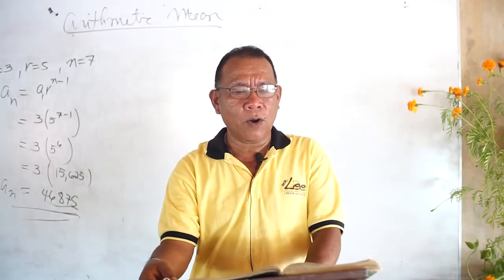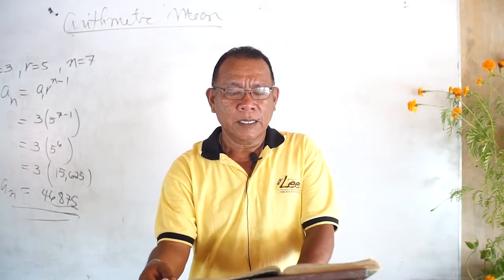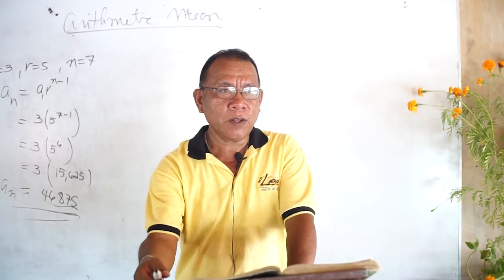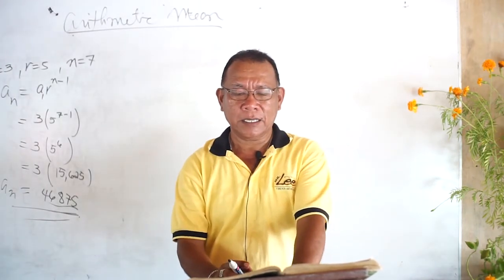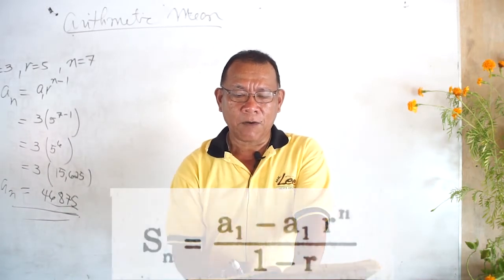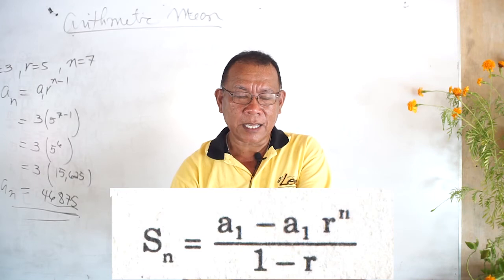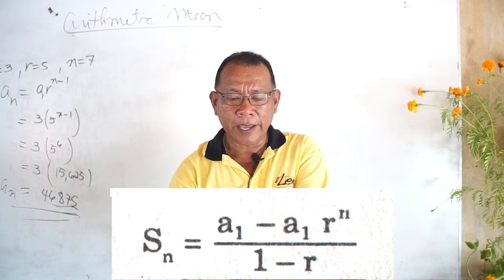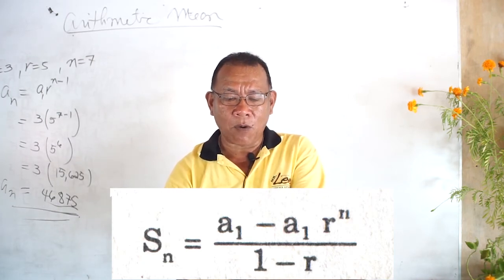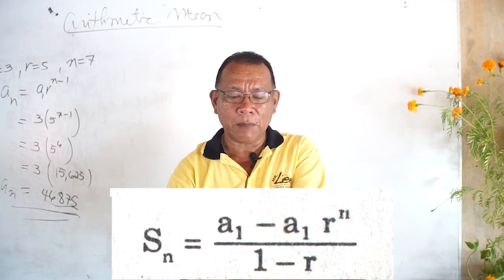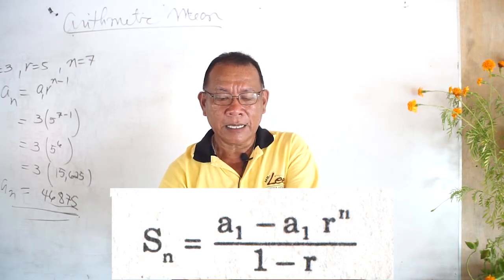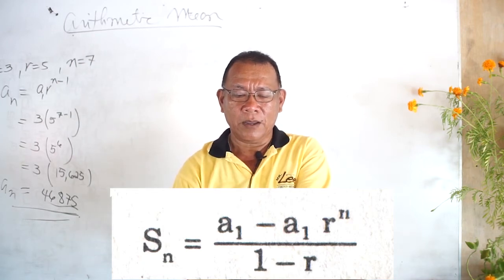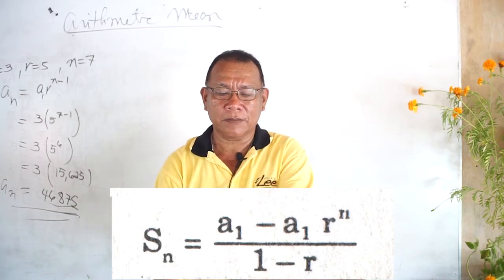The last topic for week 2, the sum of geometric series. In solving the sum of geometric series, we have the formula. The formula is S subscript n equals a subscript 1 minus a subscript 1, multiply it by r, then raise the power of n, over 1 minus r.